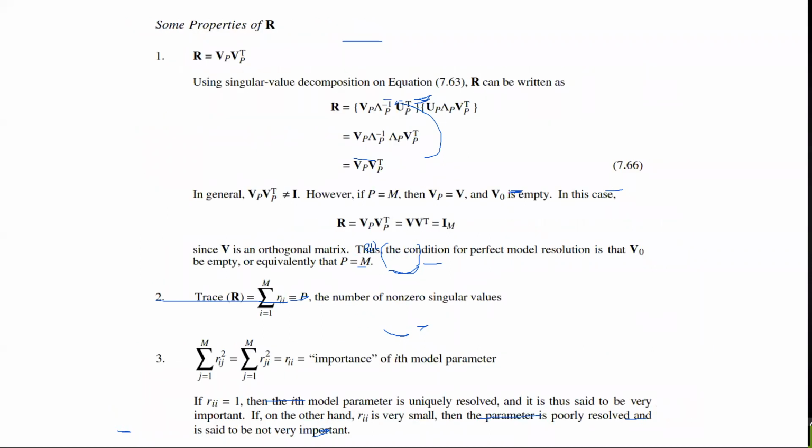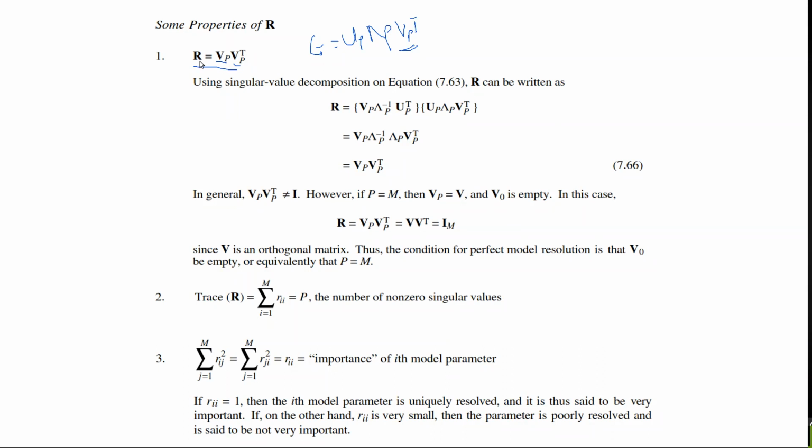And then the nice thing is, if we use SVD, then we see that this R, this model resolution matrix, is given by just VP and VP transpose. We remember that G is UP, where of course there are zero singular values, VP transpose. So we already have VP.